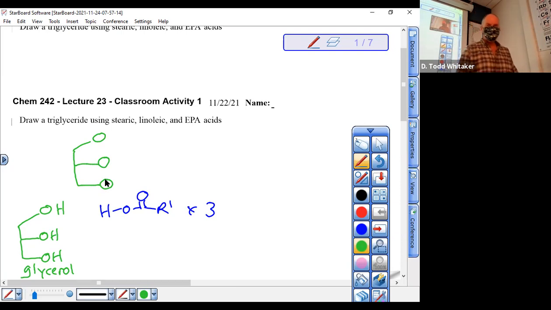So now you just need to find the 3 carboxylic acids that are needed in this question, and they are listed in the question. And we have to go to the front page of our exam and find said fatty acids.